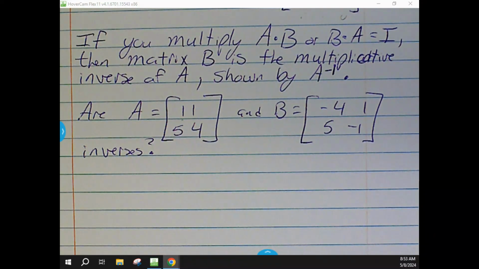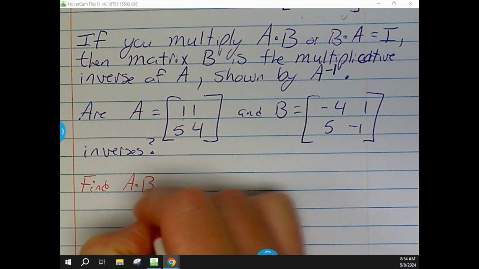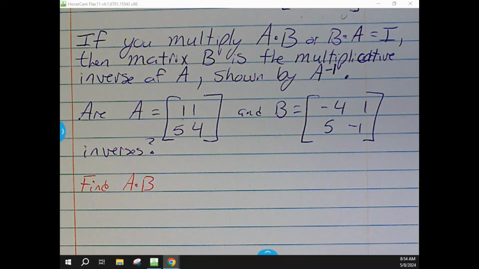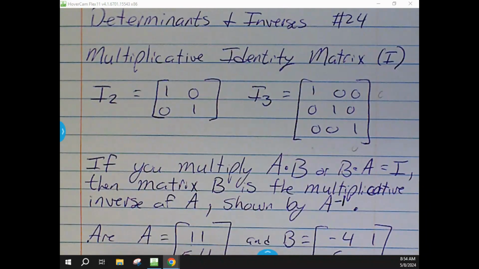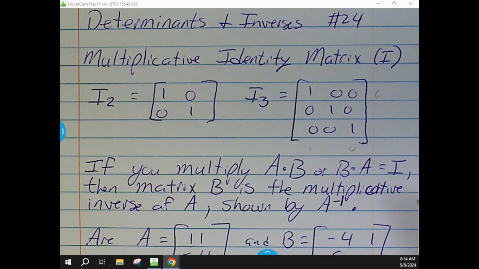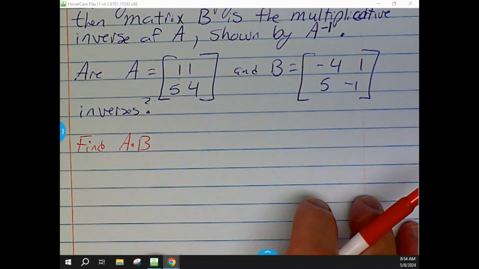So they give you two matrices, and they ask you, are these two things inverses? All you're going to do is multiply those two things together and see what answer you get. If we multiply A times B, and again, they're 2 by 2 matrices, so that makes it a little easier, and we get the identity matrix, then the two matrices are going to be inverses. If we get anything other than that identity matrix, then they're not.